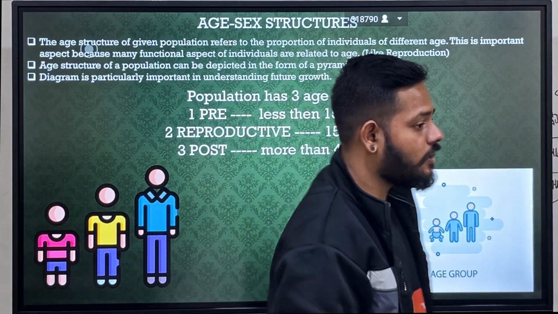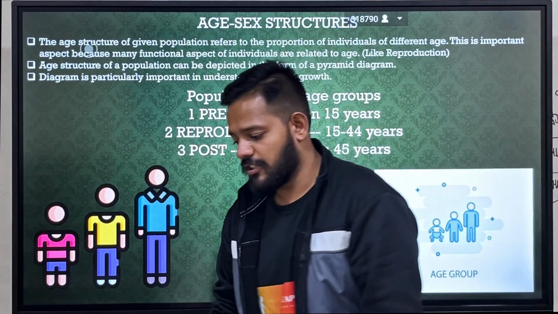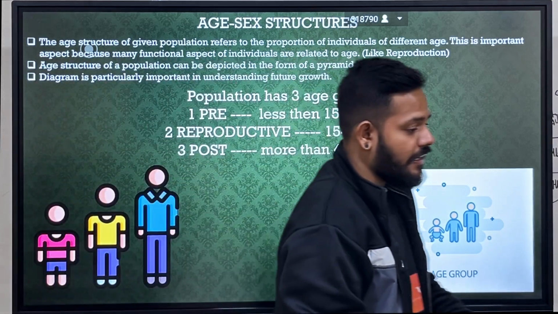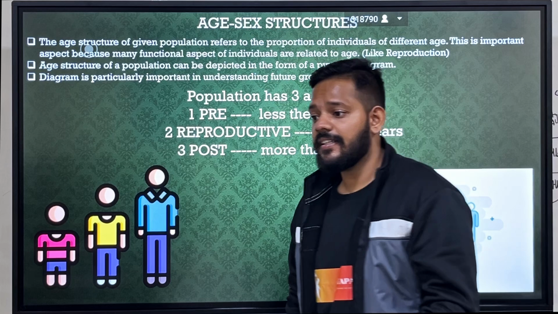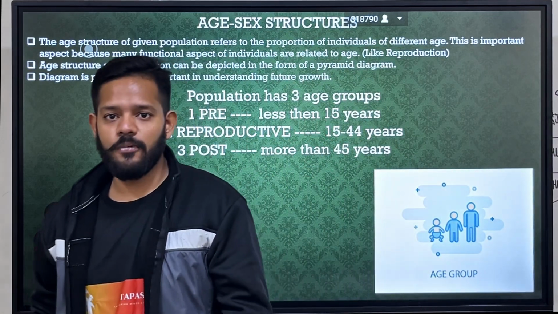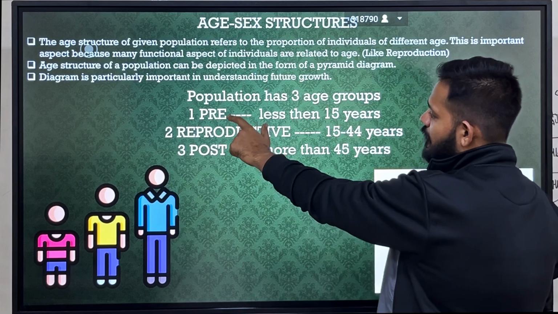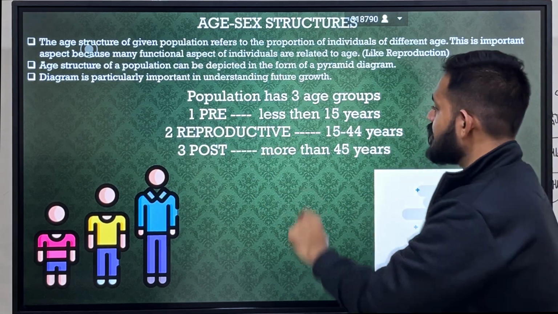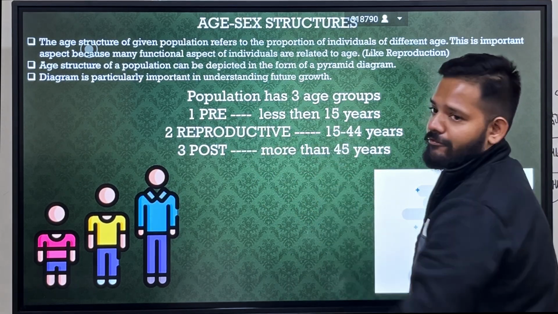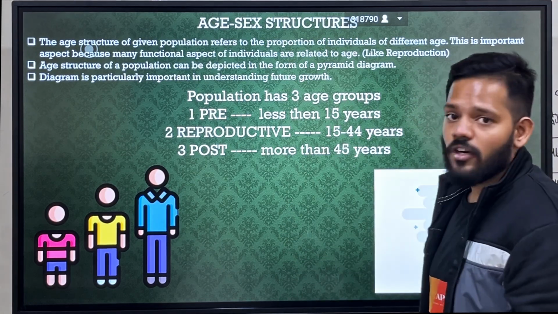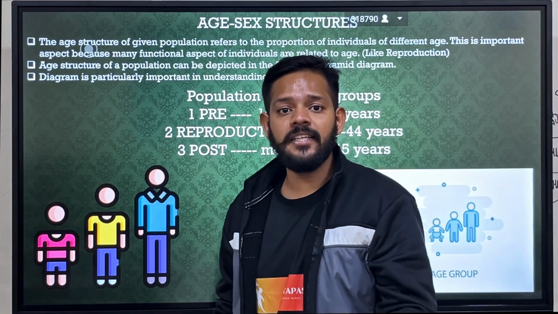Now next one is your age sex structures. It means for the population which is present in a particular area, what type of aged people are living in that population. So we have three age sections. First one is pre-reproductive, means child, less than 15 years. Then we have reproductive, which is 15 to 44 years, means adult.